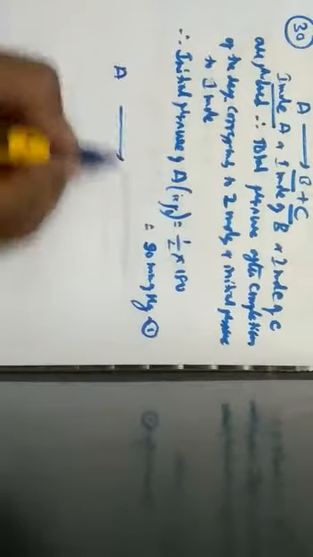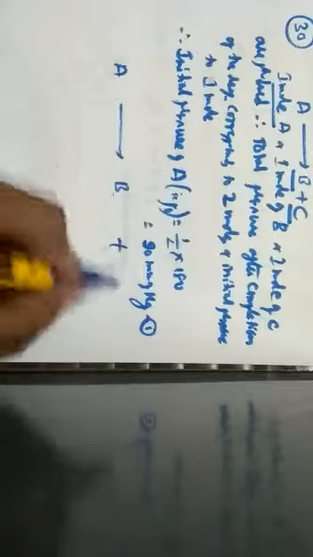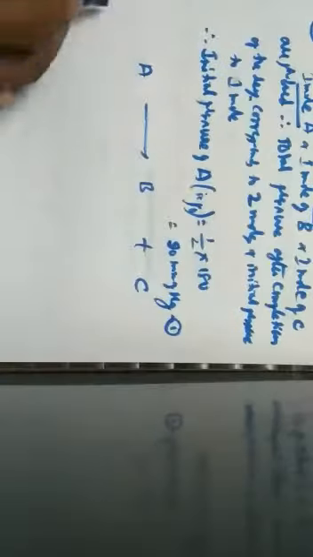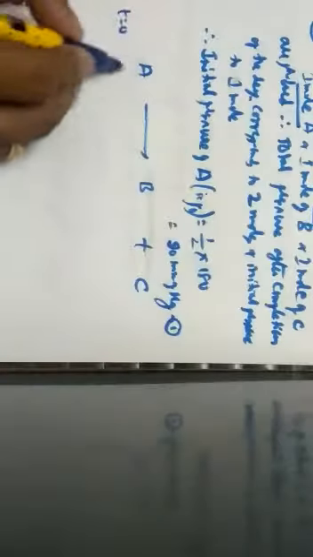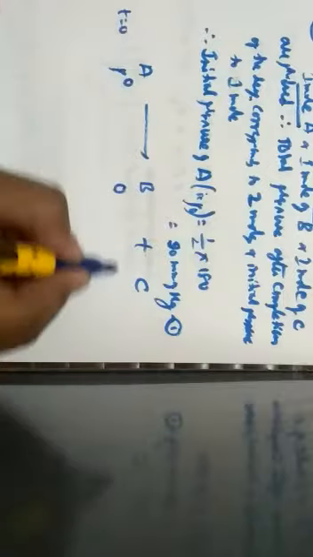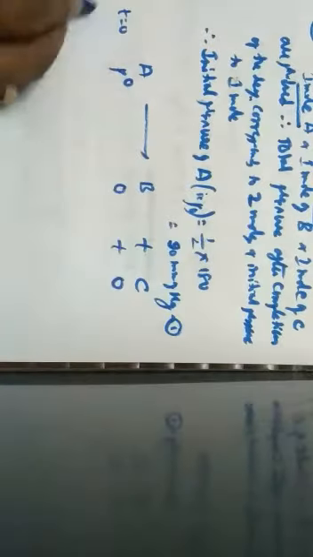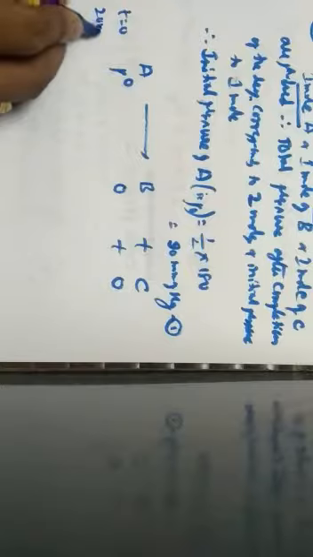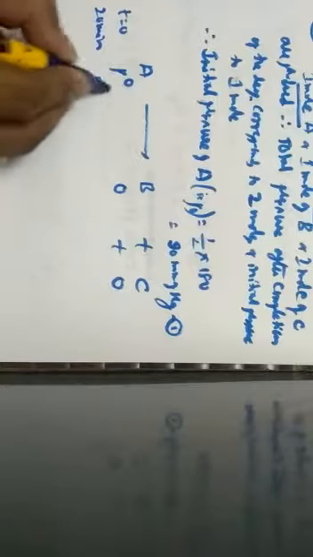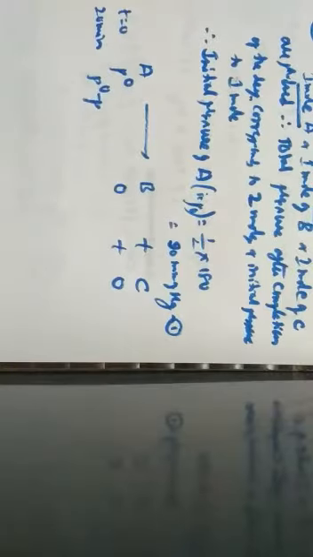A is giving rise to B plus C. At time t equal to 0, this will be P naught, and the products will be 0 plus 0. After a time duration of 20 minutes, let P be the pressure that has undergone reaction with reference to the partial pressure P naught.